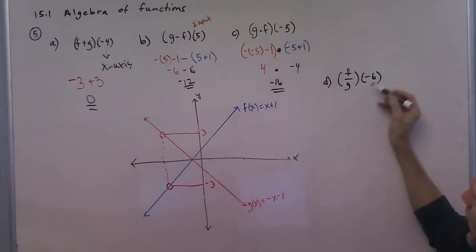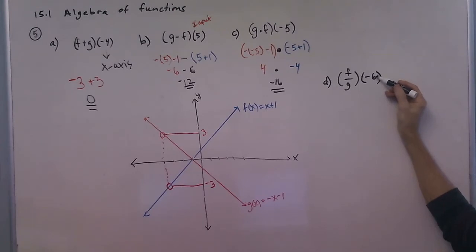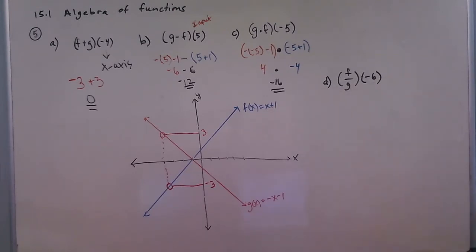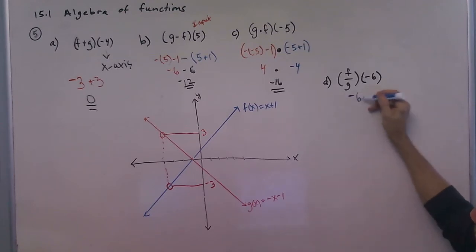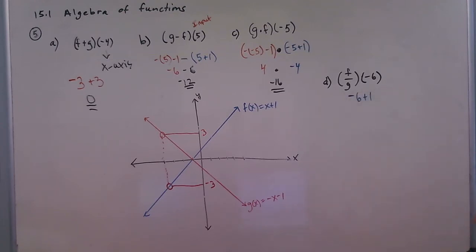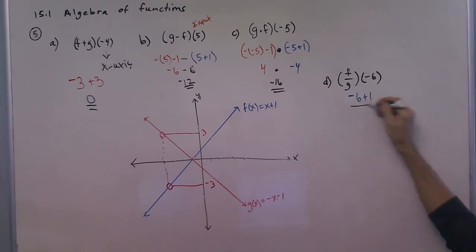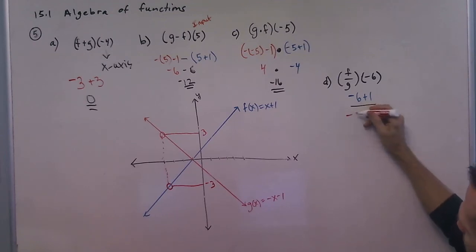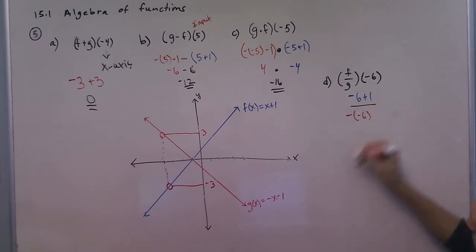And then here, I'm going to put -6. That's my input value. I'm going to put it into the f function. So I get -6 plus 1 over -6 minus 1.